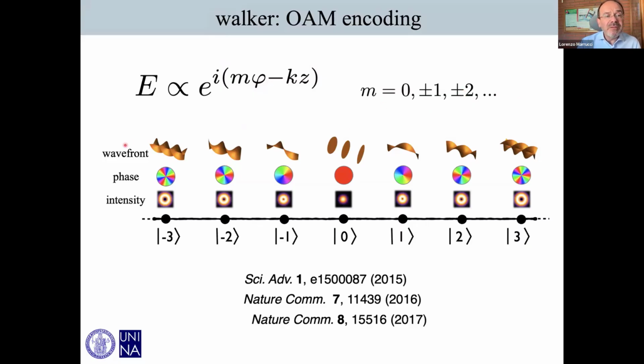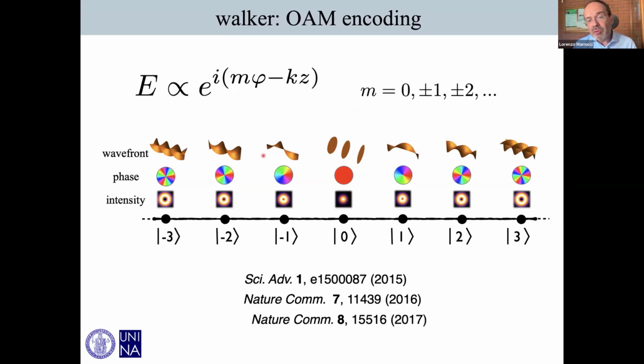And depending on this value, you have a helical wavefront resulting from this equation. If you have m equals 0, actually it is a plane wave. It becomes the simplest case of a plane wave.